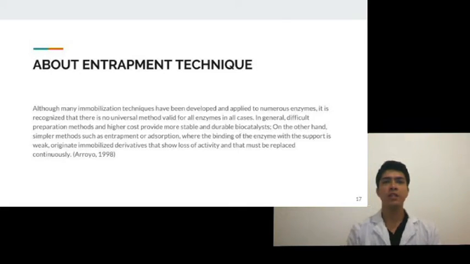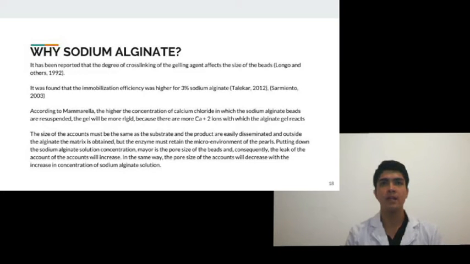Why sodium alginate? It has been reported that the degree of cross-linking of the gelling agent affects the size of the beads. It was found that the immobilization efficiency was higher for 3% sodium alginate. According to Mamarella, the higher the concentration of calcium chloride in which the sodium alginate beads are suspended, the more rigid the gel will be, because there are more calcium (Ca2+) ions with which the alginate gel reacts.